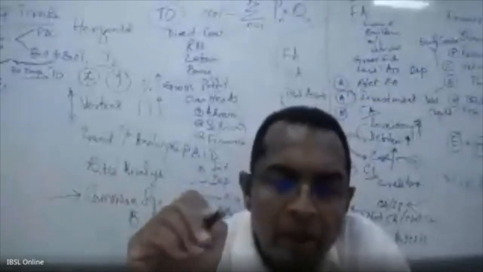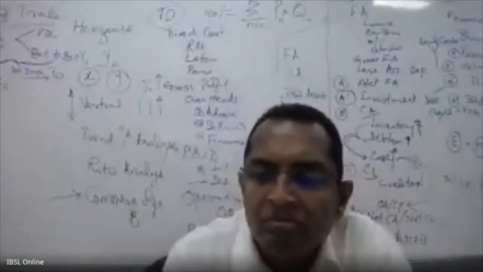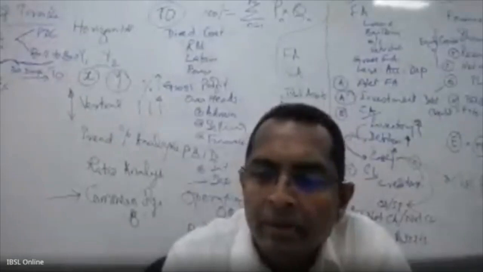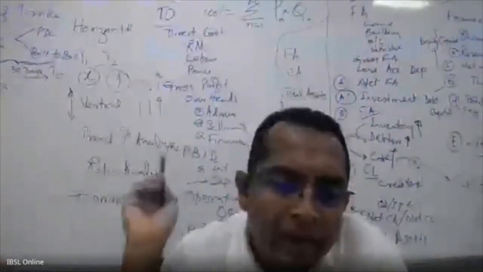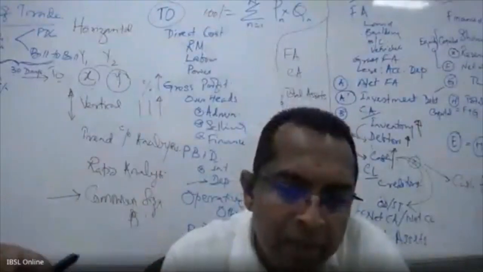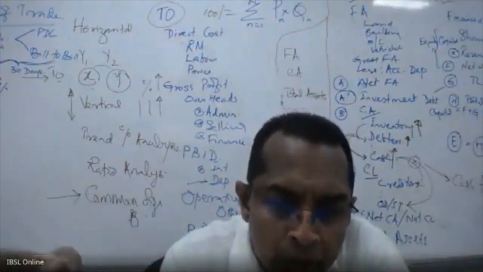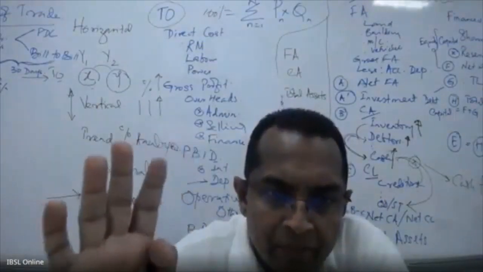Okay, this will say like 5 times. Example, 5 times. That means per annum you convert your inventory to sale 5 times.